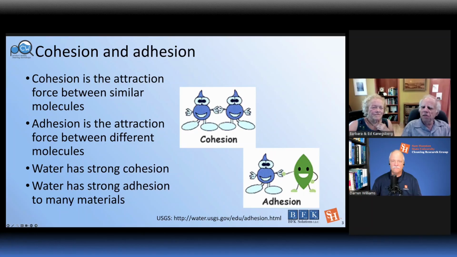Cohesion is the attractive force between similar molecules, and adhesion is the attractive force between different molecules. We're talking mainly here about water. Water has both strong cohesion to itself and a strong adhesion to many other materials.